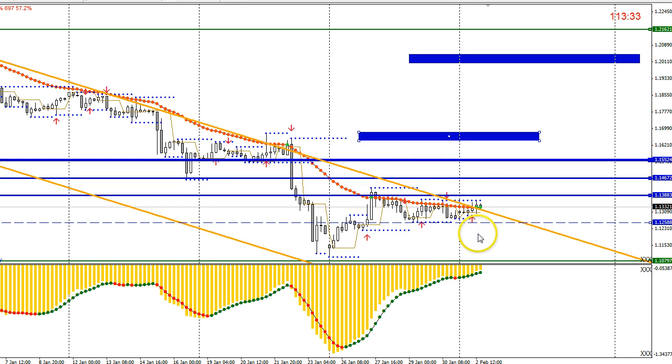So a possible entry would be 1258 or under 1258.